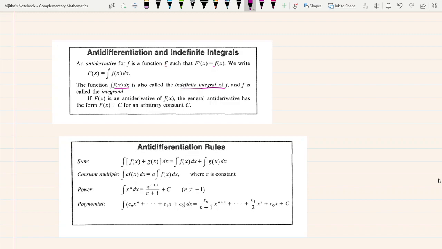If F of x is an antiderivative of f of x, the general antiderivative has the form F of x plus c. We discussed in the last class that the antiderivative is not unique. So if F of x is an antiderivative, then F of x plus c, where c is a constant, is also an antiderivative.